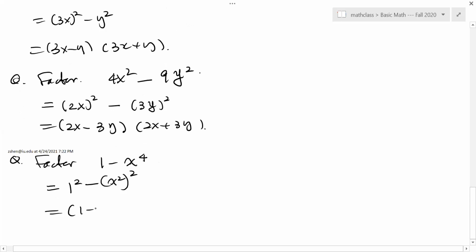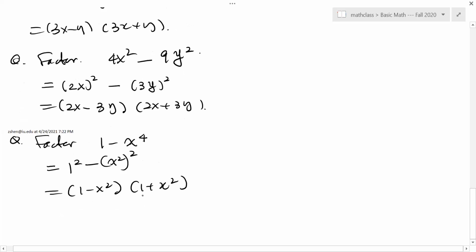So that will be 1 minus x squared times 1 plus x squared. But 1 plus x squared cannot be factored. But 1 minus x squared can be factored further. It's 1 minus x, 1 plus x. So you get 3 factors. Got it?